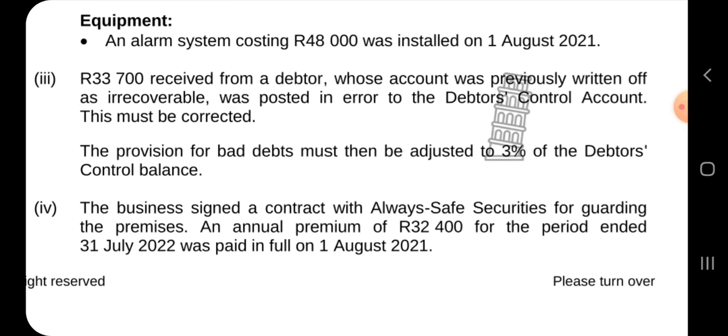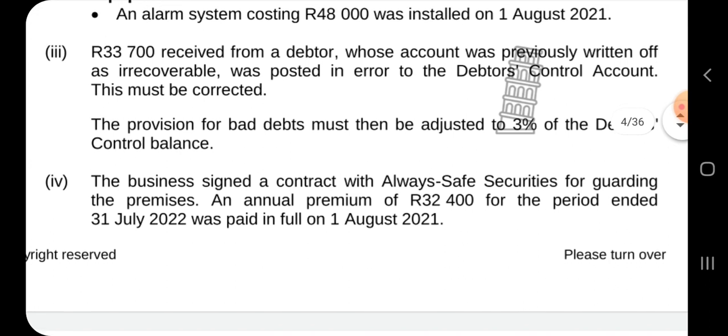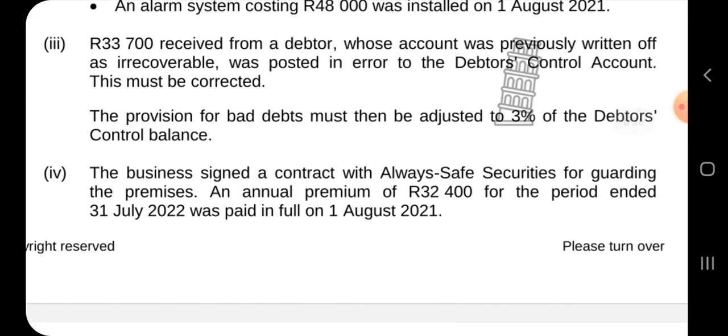So the first adjustment after depreciation says 33,700 received from a debtor whose account was previously written off as irrecoverable was posted in error to the debtor's control account and must be corrected.